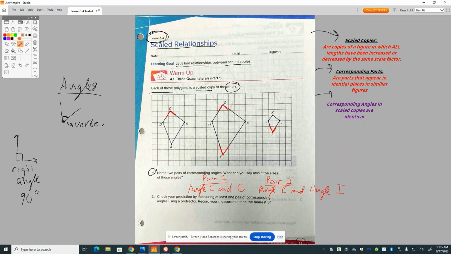If we have an angle that's more than 90 degrees, it looks something like this. We call those obtuse angles, and they are more than 90 degrees. Our third is if we have a measure of less than 90 degrees, we call those acute angles.